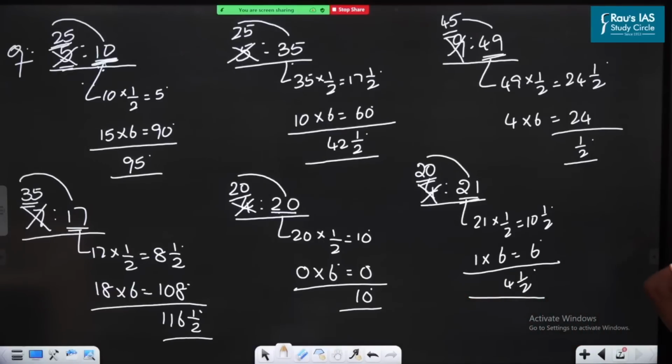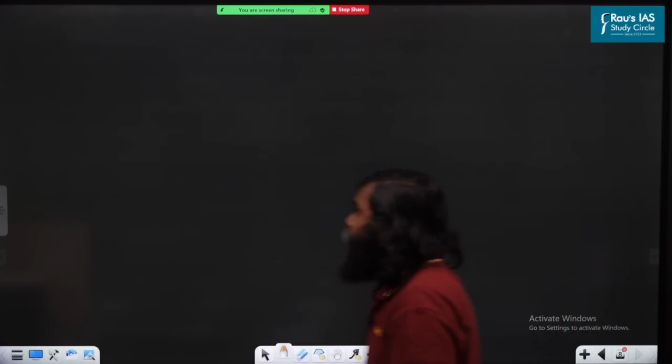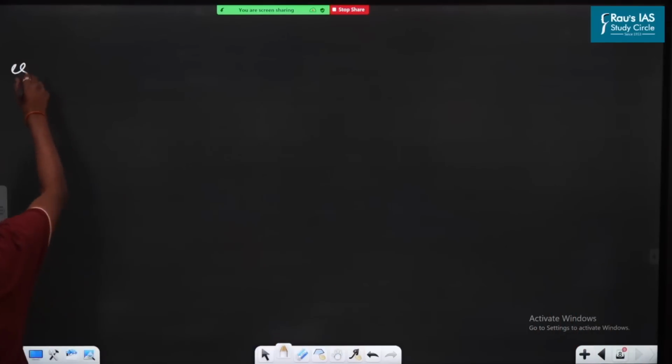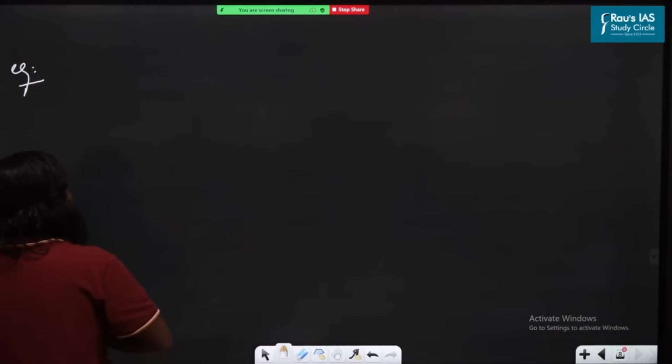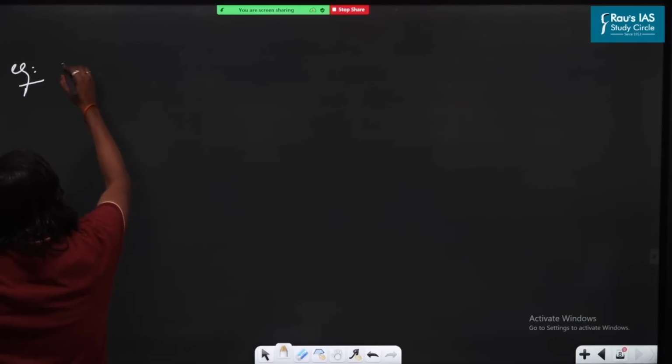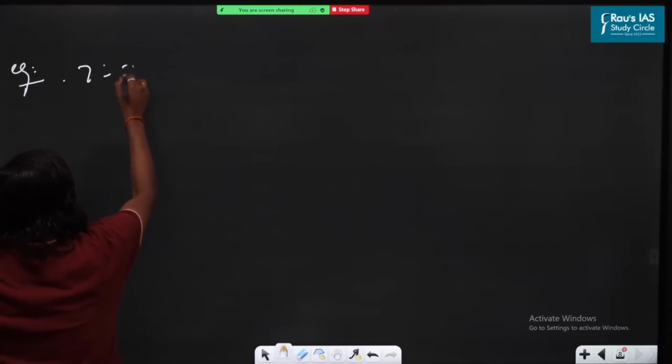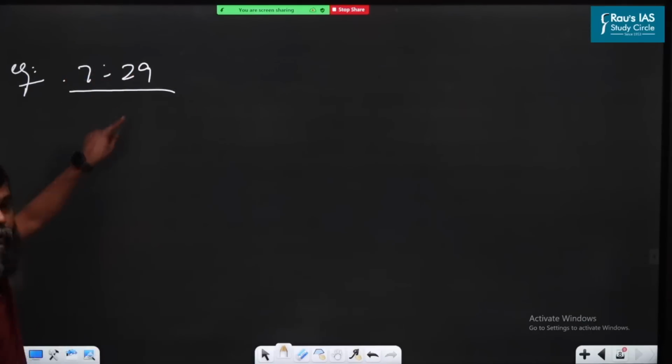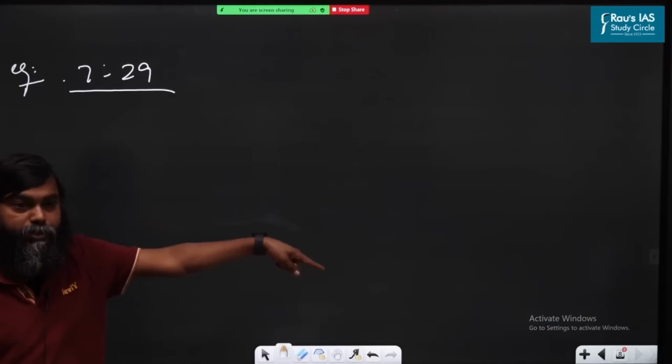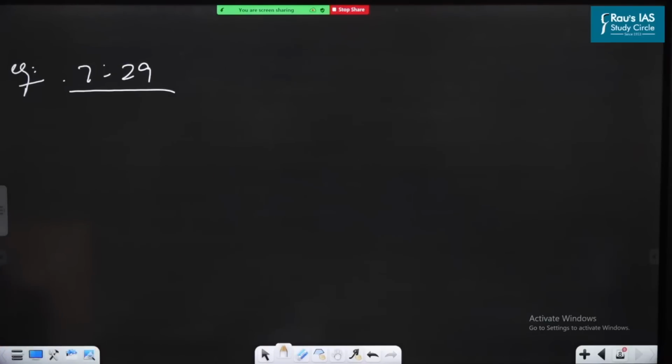Are you all ready now? Boys versus girls. Find the angle between minute hand and hour hand at 7:29. Solve by formula. Solve by this interpretation. You have to decide yourself which you feel is convenient. Solve by formula also. Solve by this interpretation also.